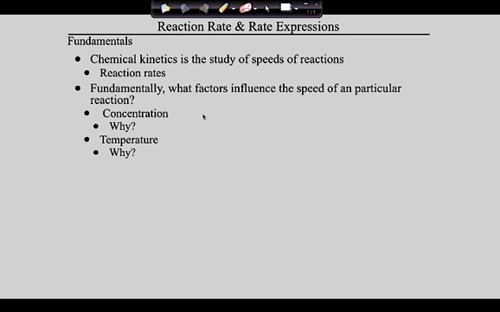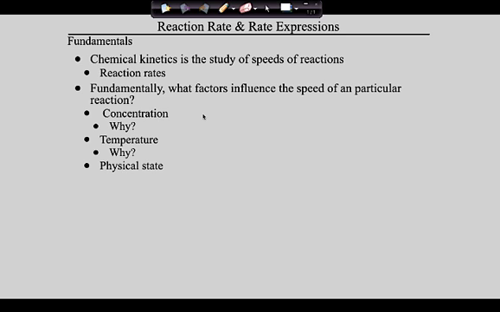That means they hit harder, kinetic energy, right? 1/2 mv squared. So they hit harder and they also hit more frequently. So temperature is like double dipping. When you increase the temperature, you get an increase in frequency and an increase in magnitude, and both of those make the reaction go faster. And temperature is the only one that influences both.